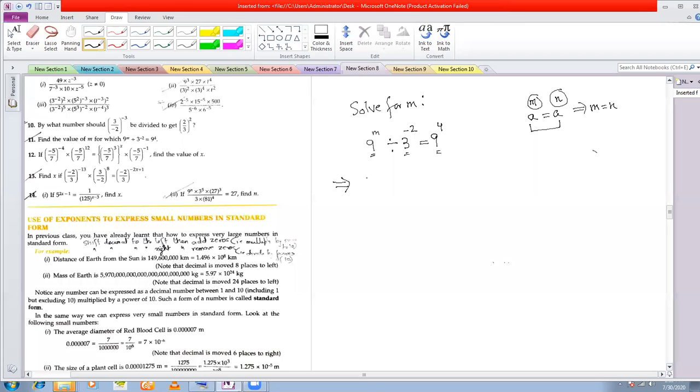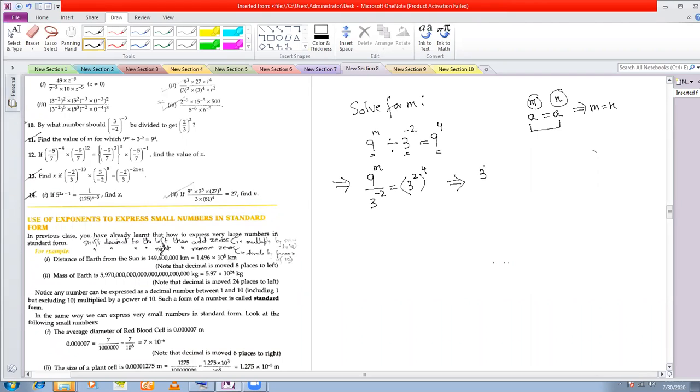That is what we try to do here. So first we write 9 to the power of m divided by 3 to the power of minus 2 is equal to 9 to the power of 4. This can be written as 3 squared to the power of 4. Is there any problem with this step? No, sir.